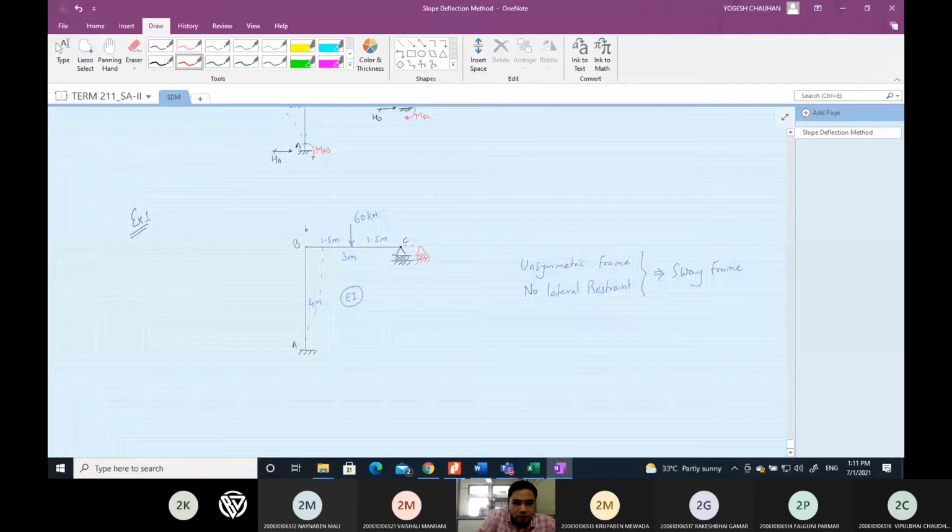Let this be delta. Since we are neglecting the axial deformation of member BC, this delta will be the same at B and C. So sway will be equal on left and right side.